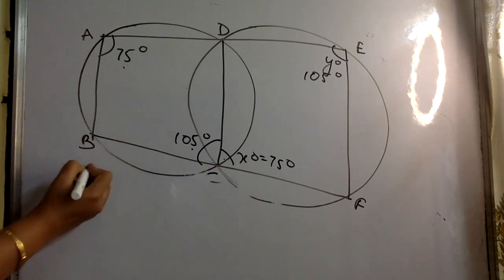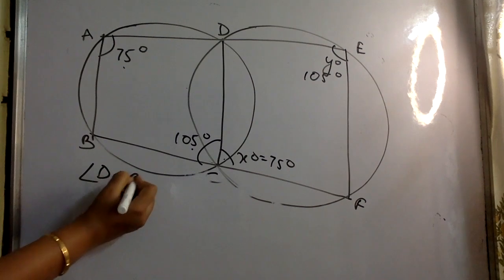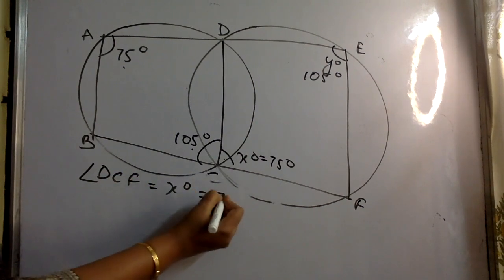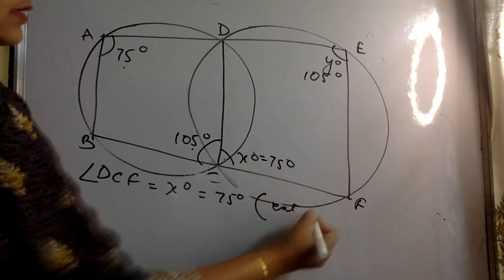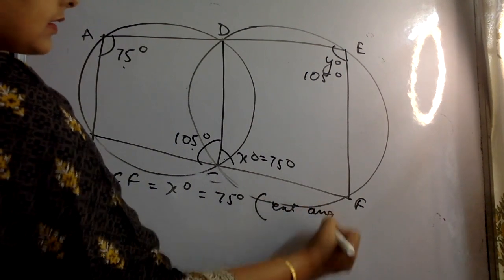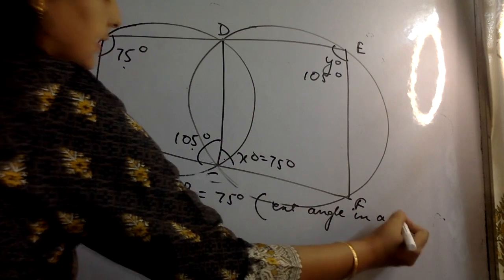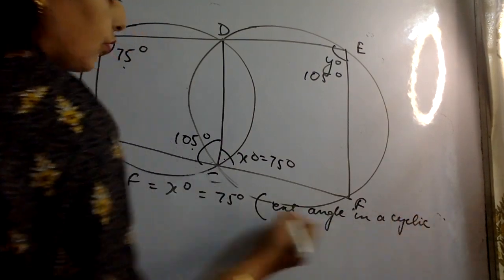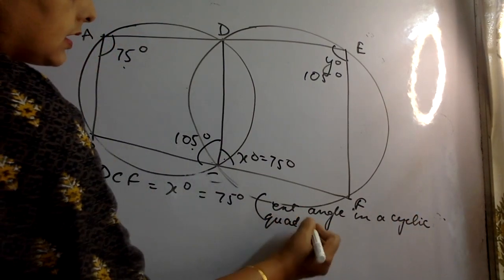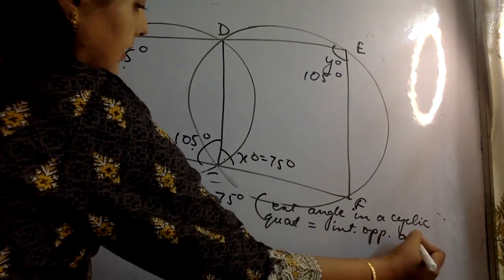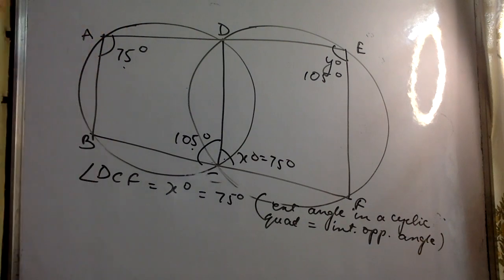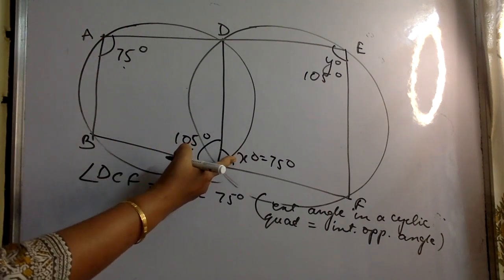You can write angle DCF is equal to X is equal to 75 degrees. What is the reason? Exterior angle in a cyclic quadrilateral is equal to the interior opposite angle. That is coming from the theorem. So we got this as 75.